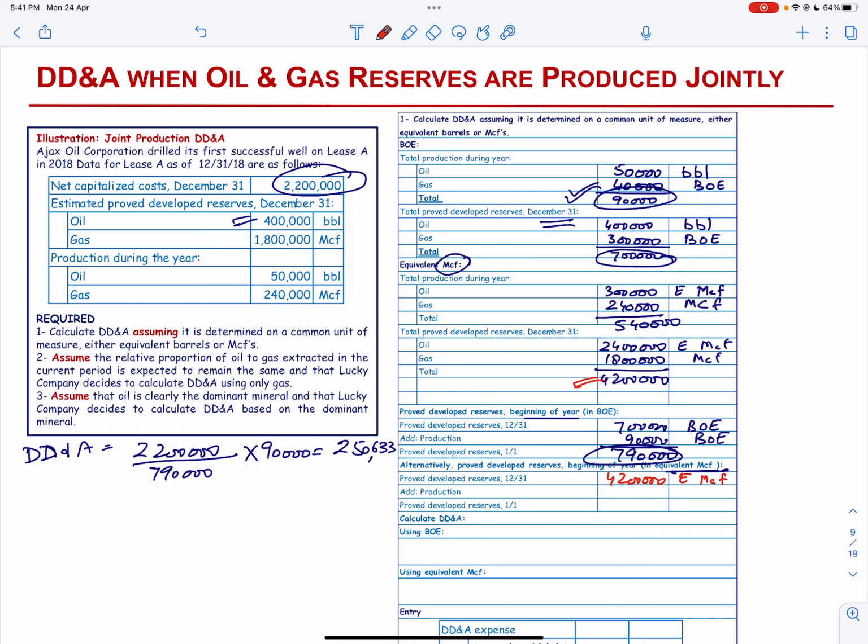To this we are going to add the production, and the production in metric cubic feet is 540,000 equivalent of metric cubic feet, and this is equal to 4,740,000 equivalent of metric cubic feet.